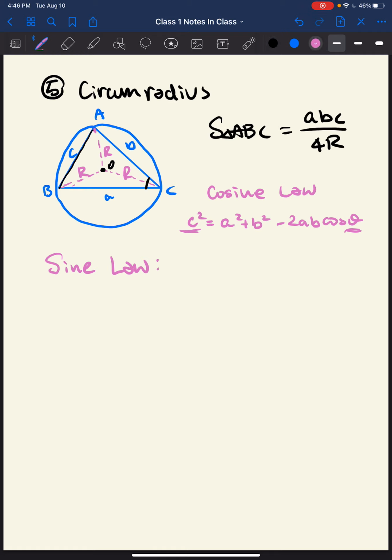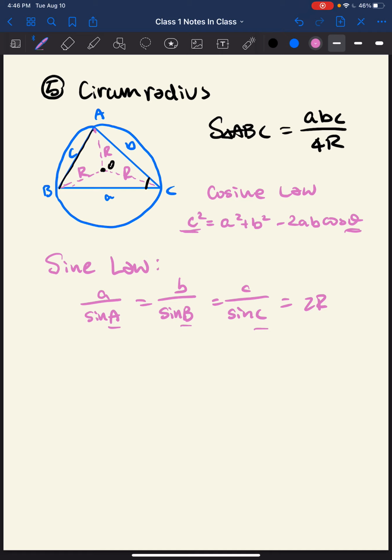The sine law, however, is a over sine A equals b over sine B equals c over sine C. The big ABC is the angle, and the small abc is the side length. Most people know this part about the sine law, but there's actually an extra version, where this entire thing equals 2R.